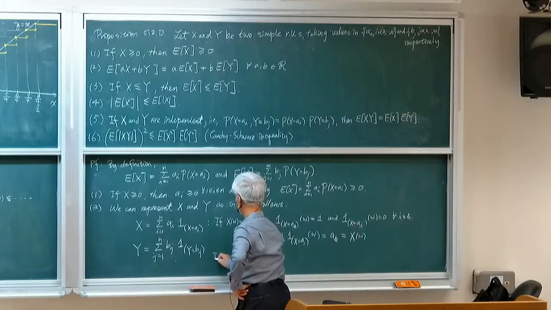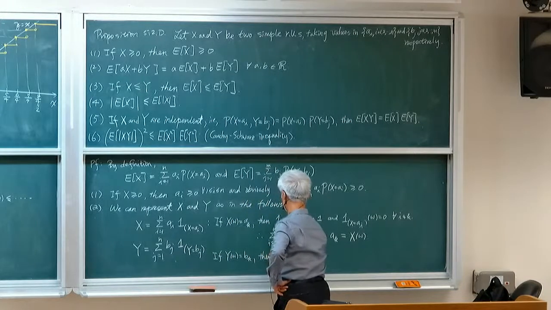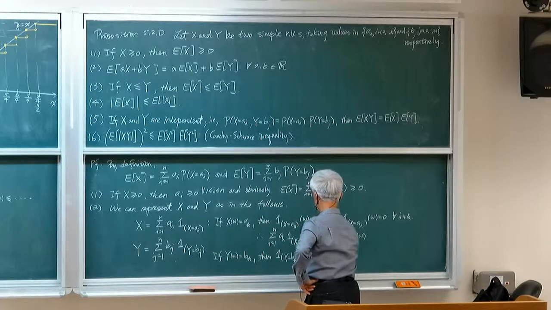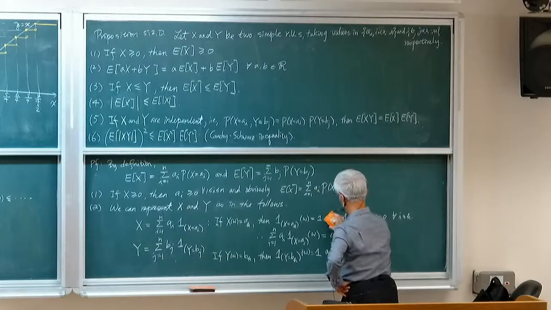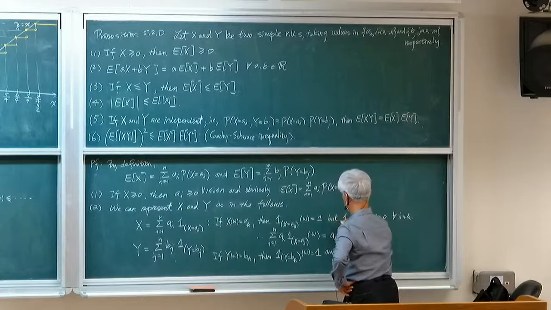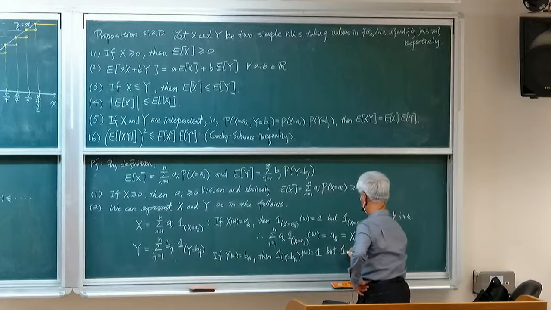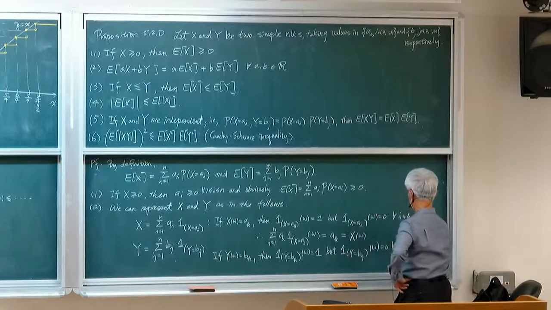Similarly, if Y of omega is equal to bk, then the indicator of Y equals bk at omega is equal to 1, and the indicator of Y equals bj at omega equals 0 for all j not equal to k.